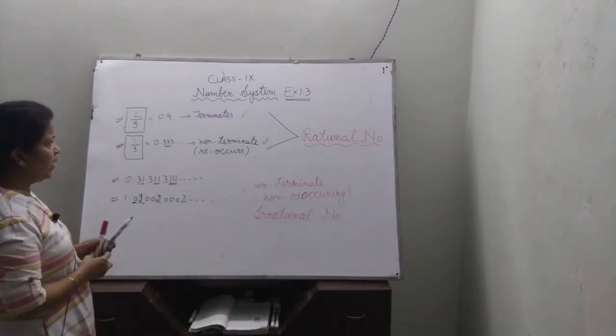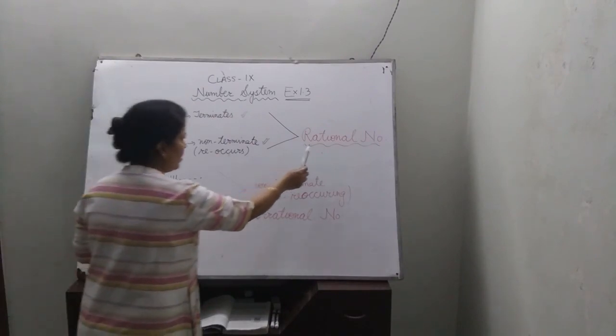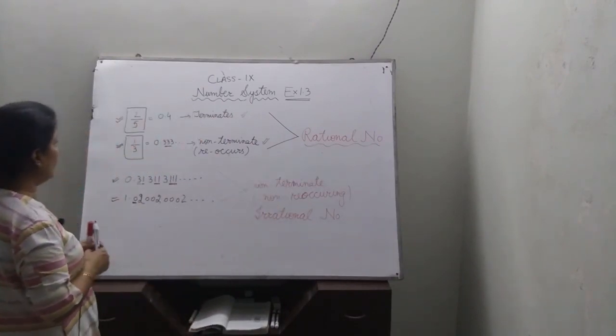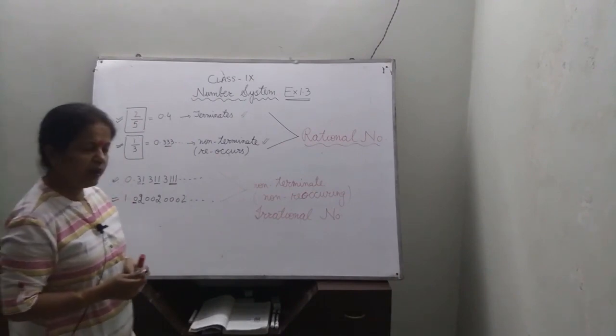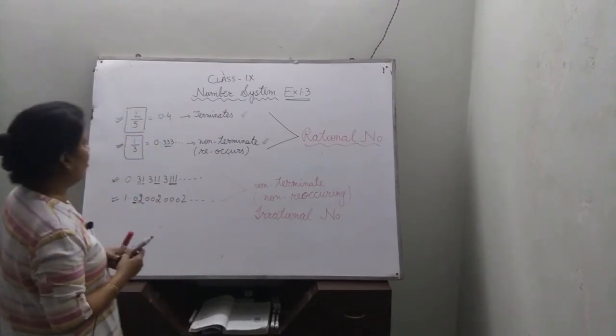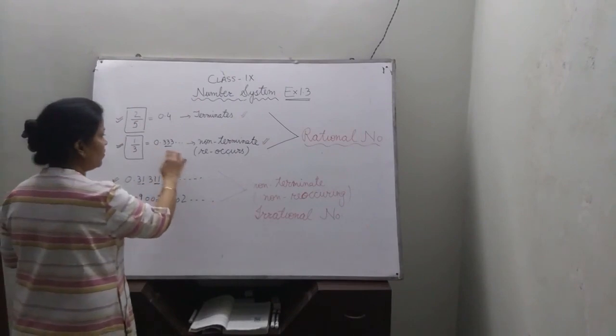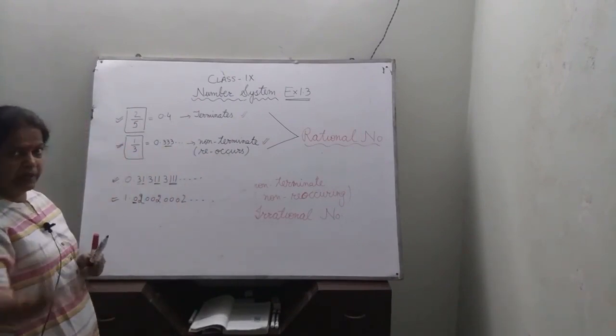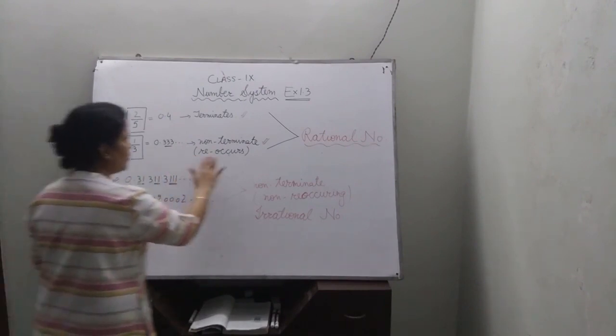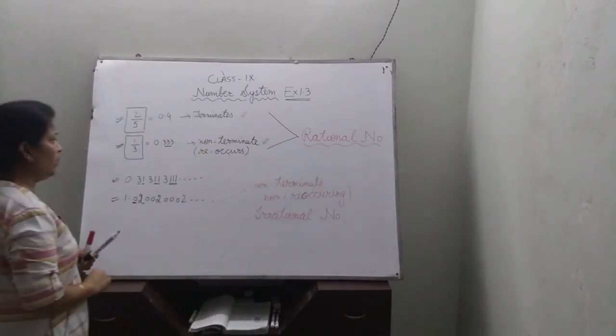So what have we done? How can you find out these are rational numbers? If the decimal expansion terminates or the non-terminating number reoccurs, बार बार वही नंबर रिपीट होते जा रहे हैं, those types of numbers are rational numbers.